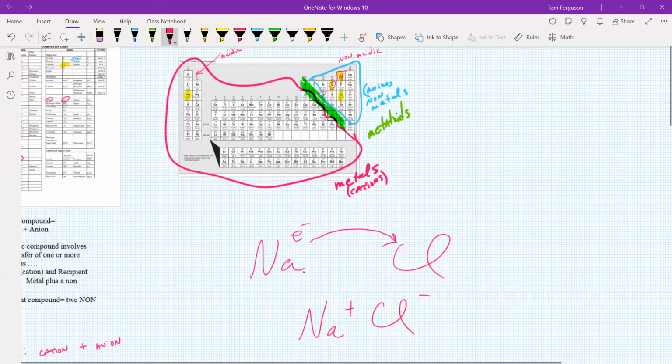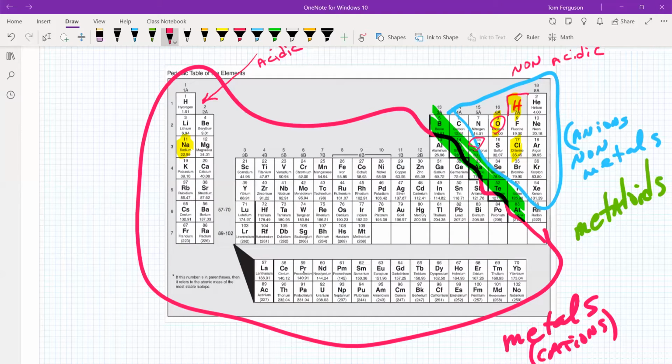All the red there are metals. So most of the periodic table is going to be a cation if it forms an ionic compound. There are much less non-metals, and these form anions.